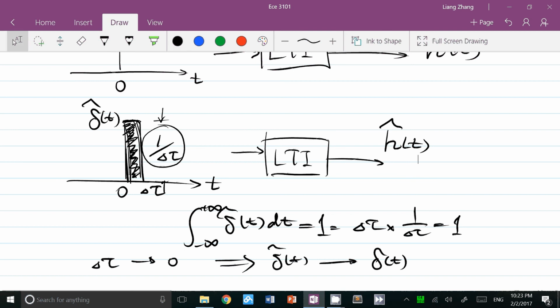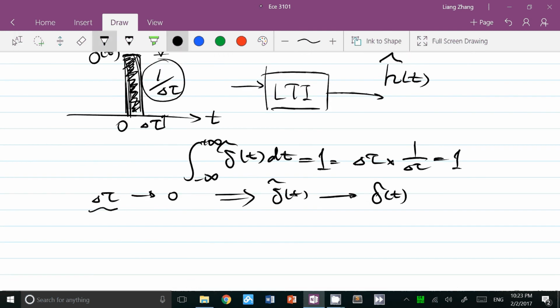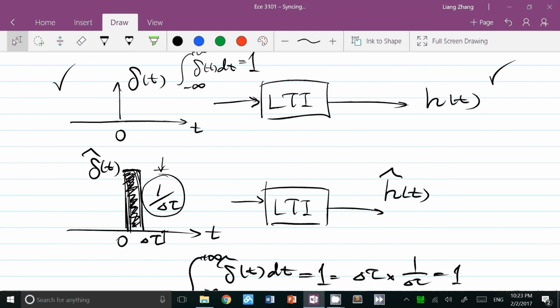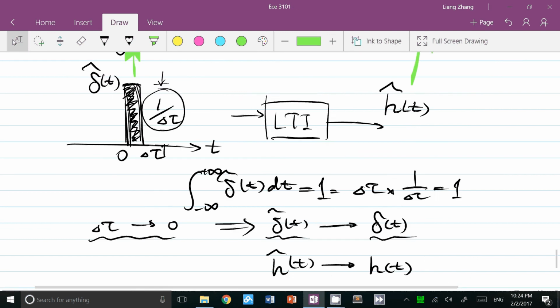And using the same logic, when tau goes to 0, if the input delta hat looks like delta t, the output h hat most probably will also approach h of t, the actual unit impulse response. Okay. So if this guy moves along and approaches this, the output probably will also move in the same direction. If we believe this to be true, then we can do something.